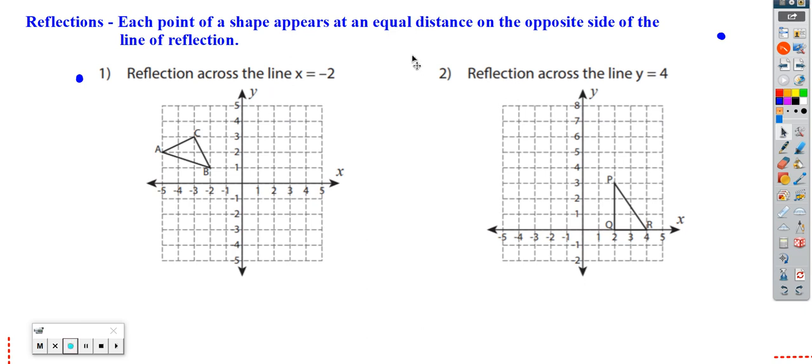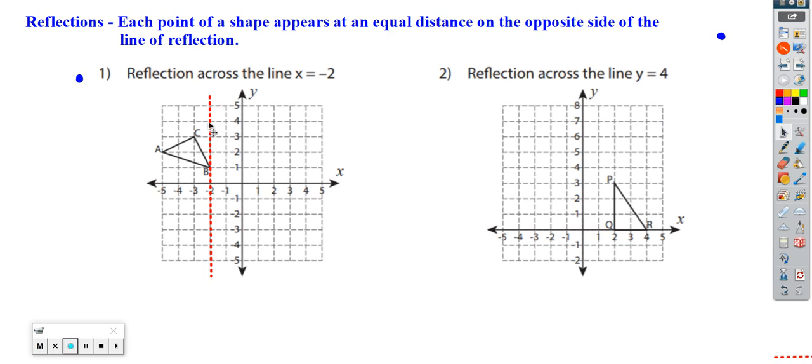So it's telling you what your line of reflection needs to be. Remember, when you have x equal to a constant, it is a straight vertical line. You can see that x is -2 all on this line. So this is going to be like my mirror. This is my line of reflection.